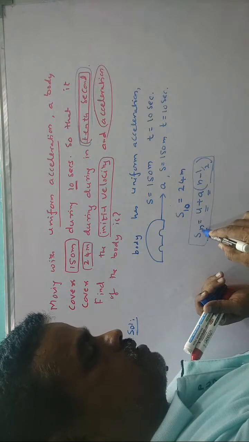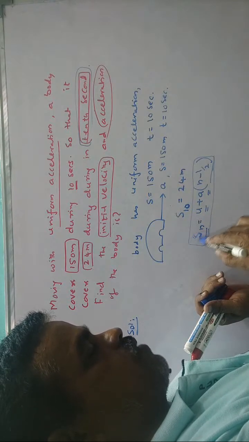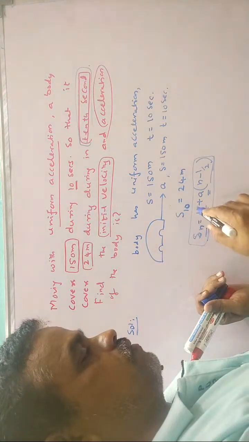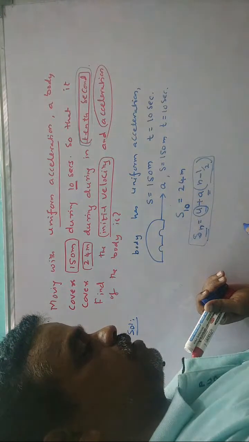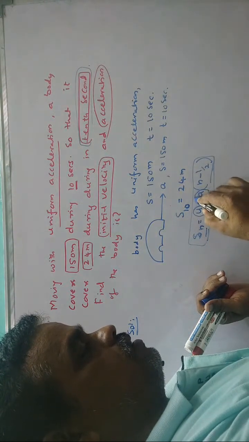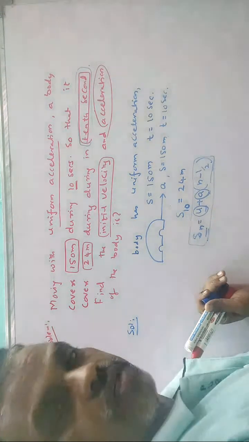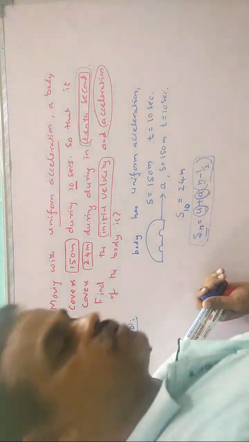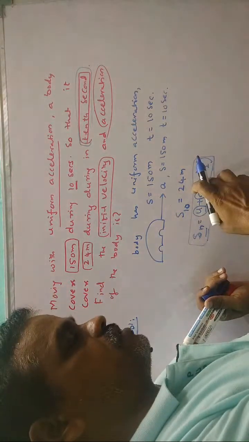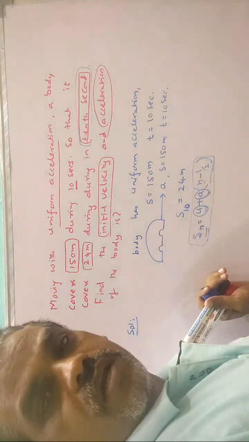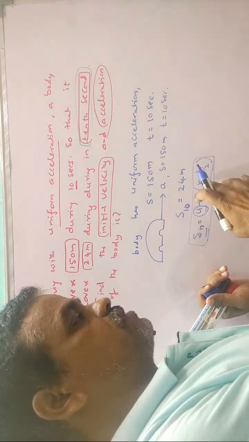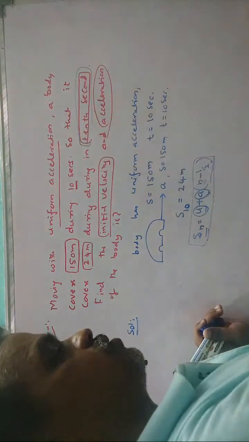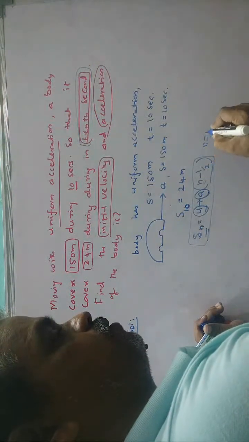Here Sn is the displacement covered by the body in the nth second, moving with initial velocity u and uniform acceleration. Here n is the nth second. If it is the first second, substitute n equal to 1, and if it is the second, substitute n equal to 2. If it is the seventh second, substitute n equal to 7. So here we have the 10th second, so n equal to 10.